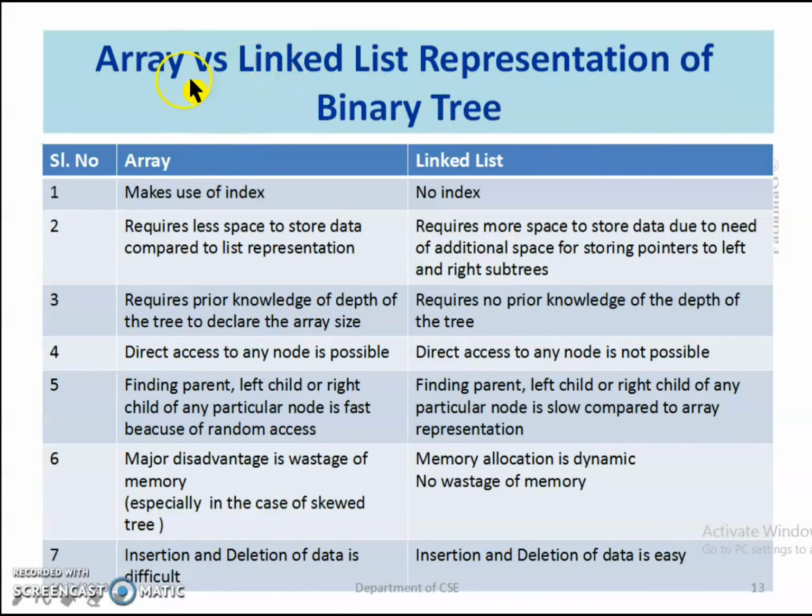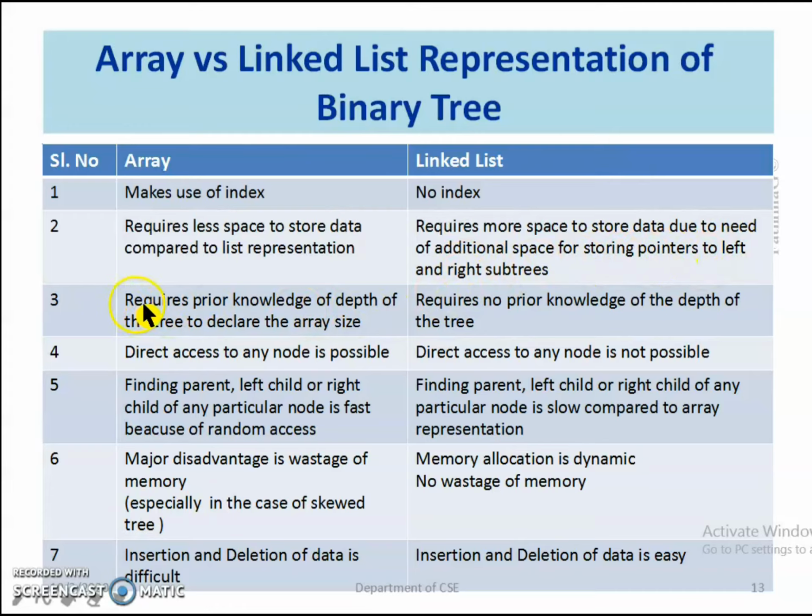Now let us compare the array and the linked representation of the binary tree. The array representation makes use of the index, whereas in the linked list representation, there is no index. The array representation requires less space to store the data, whereas linked list representation requires more space due to the need of additional space for storing the pointers to left and the right subtrees.